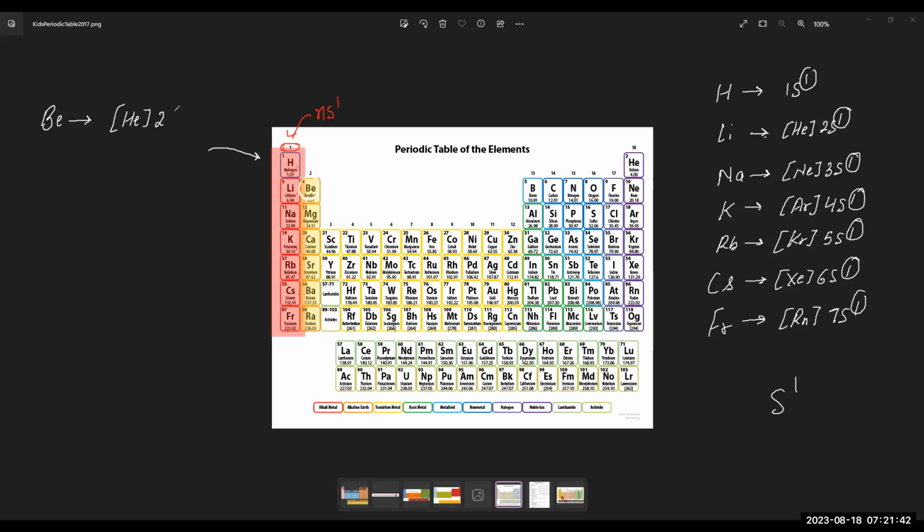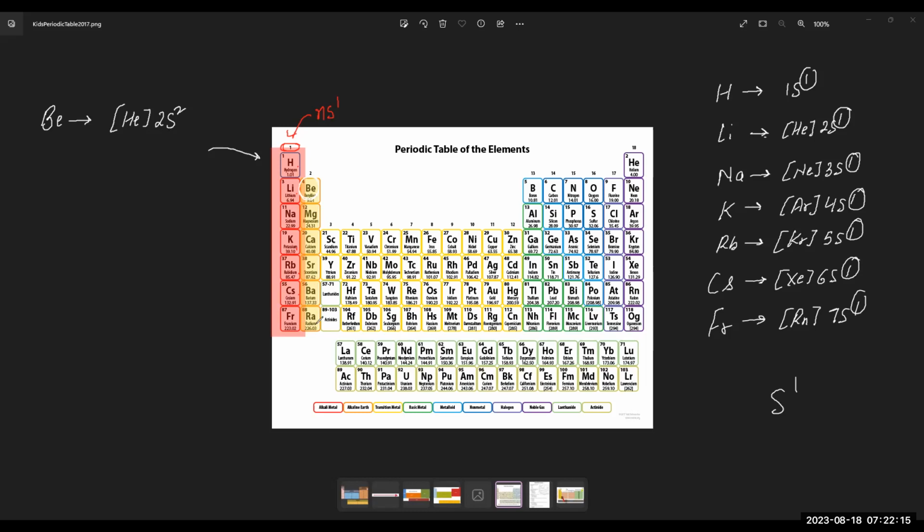Helium 2s2. Arjun, the square bracket is on helium, right? The way Afan has written, see? 2s2. Now, magnesium. Put it in your notebook, children. Magnesium, calcium, strontium, barium, radium, sorry, not radon, radium, in your notebook.